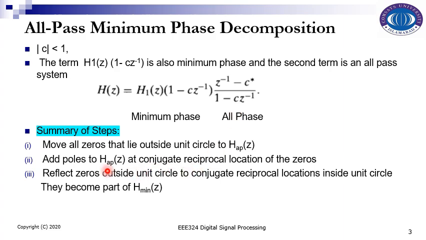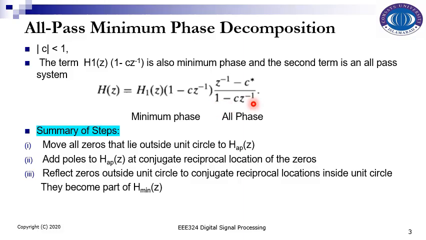So we add poles, and because we add these poles, to keep our overall system the same, whatever manipulations we do, our overall H of Z must still be the same, right? We want to do this minimum phase decomposition, but the overall H of Z must be the same.